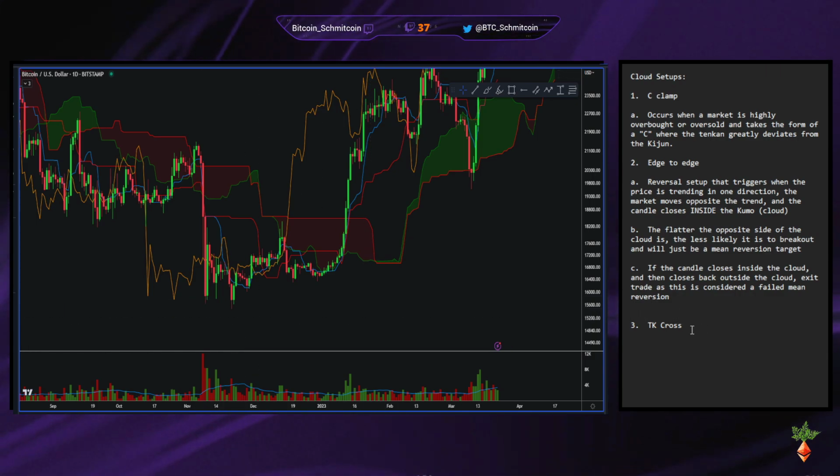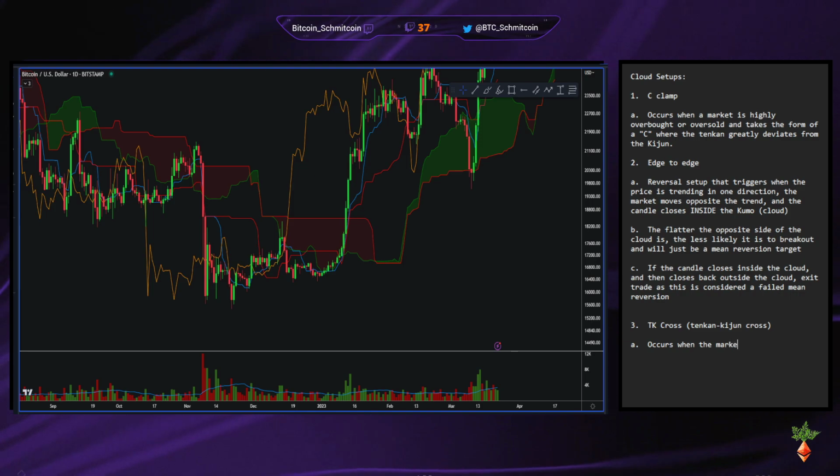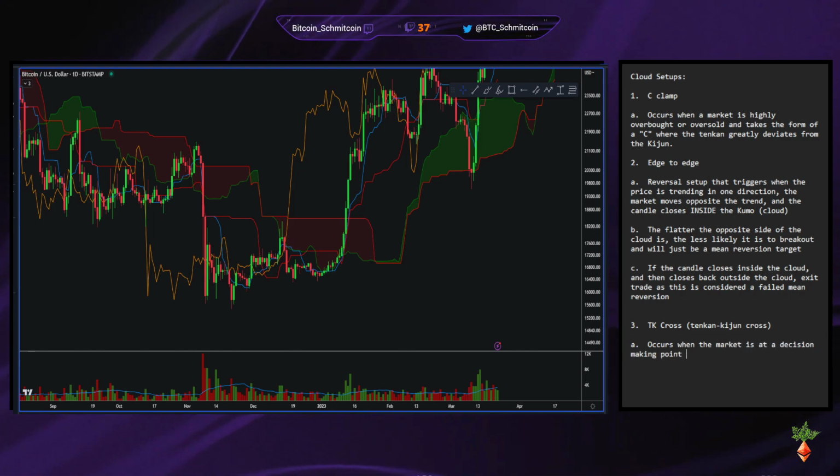Now, the TK cross. A Tenkan-Kijun cross occurs when the market is at a decision-making point.